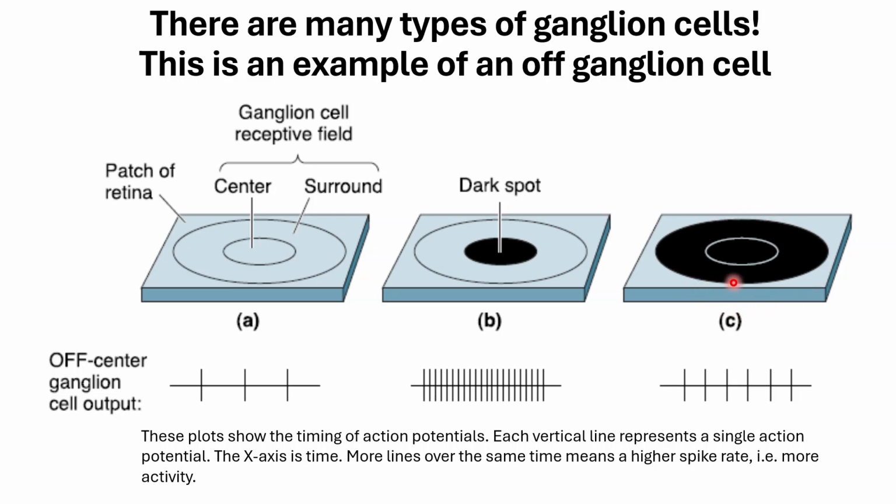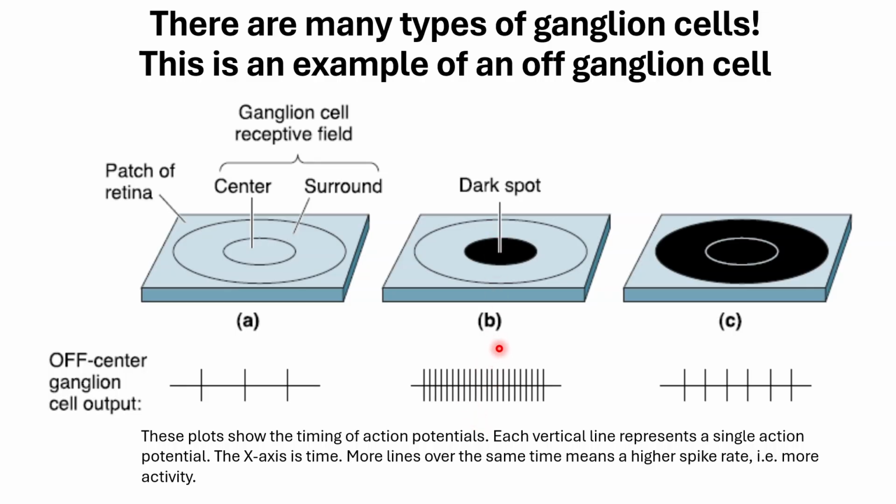This is why it's referred to as an off-center, because in the center of its receptive field, if the light is off, that's going to elicit the highest rate of action potentials. So an off-center ganglion cell means the center is turned off, and that's going to make that ganglion cell fire.